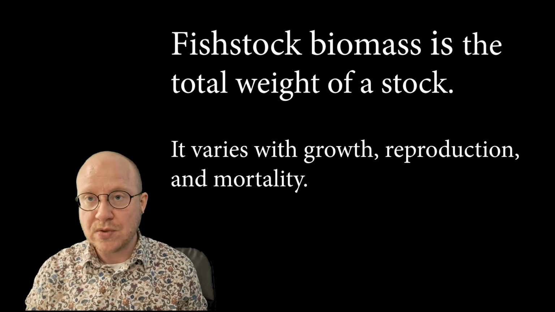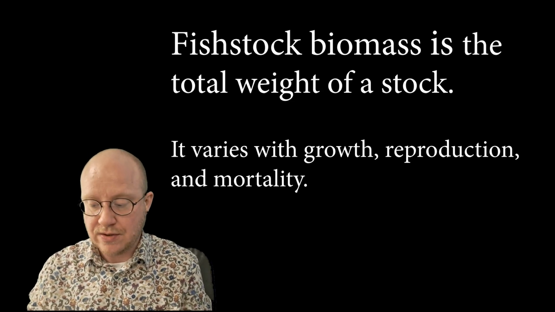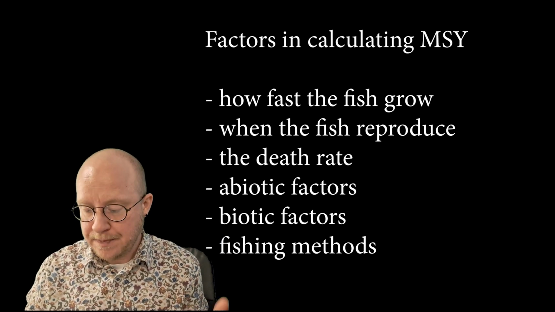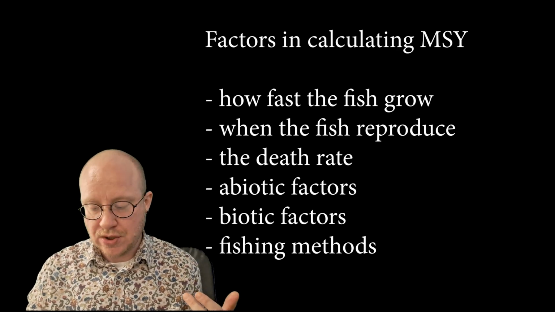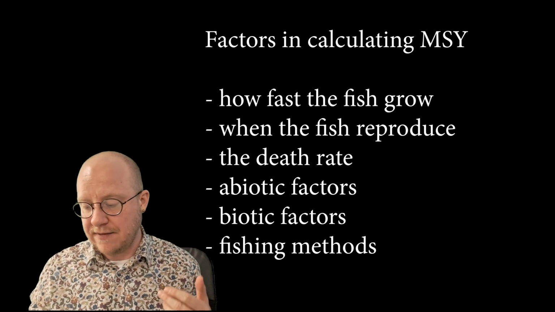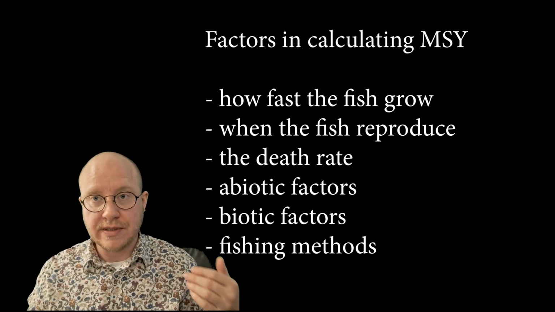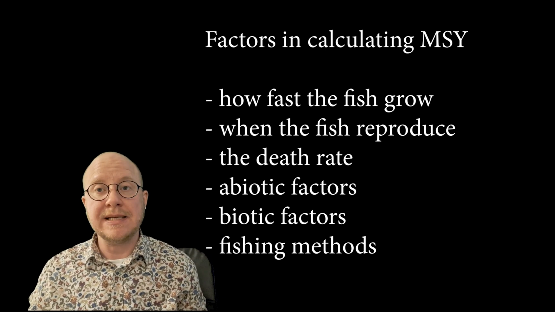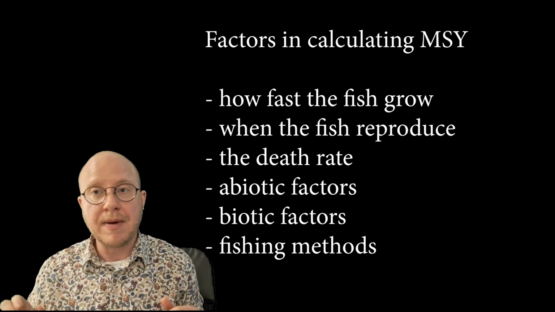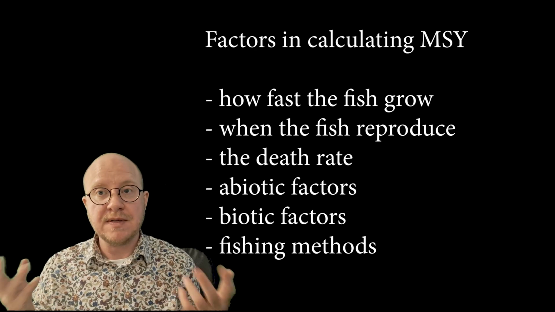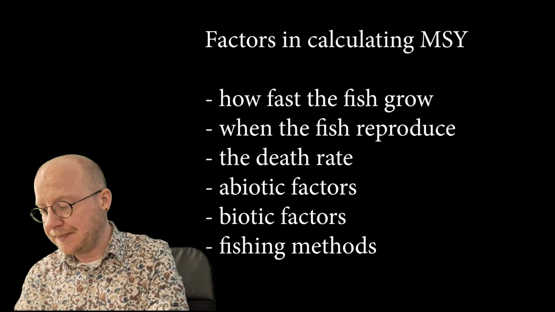The calculation of MSY for a single fish stock must consider many factors: how quickly the fish grow, when the fish reproduce, the death rate of the fish, changes in abiotic factors such as water temperature, salinity, oxygen, or acidification, changes in biotic factors such as the predator-prey relationships and parasites, other types of illnesses, and the method of fishing used.